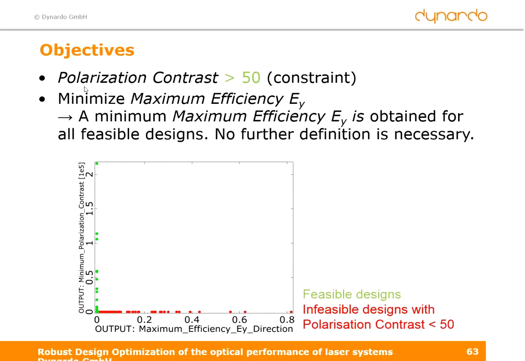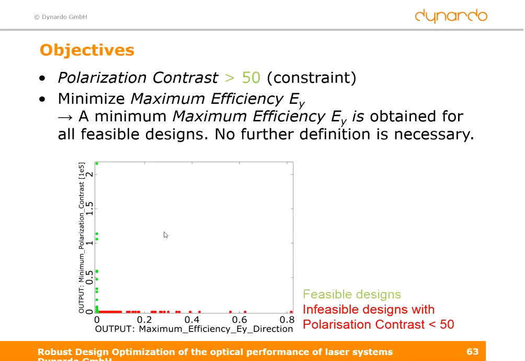So you see, the first one was to have a polarization contrast higher than 50. I actually colored these designs in our post-processing in green that have a higher polarization contrast than 50. So the other designs that have a lower polarization contrast, I colored in red. So we call these red designs infeasible designs.